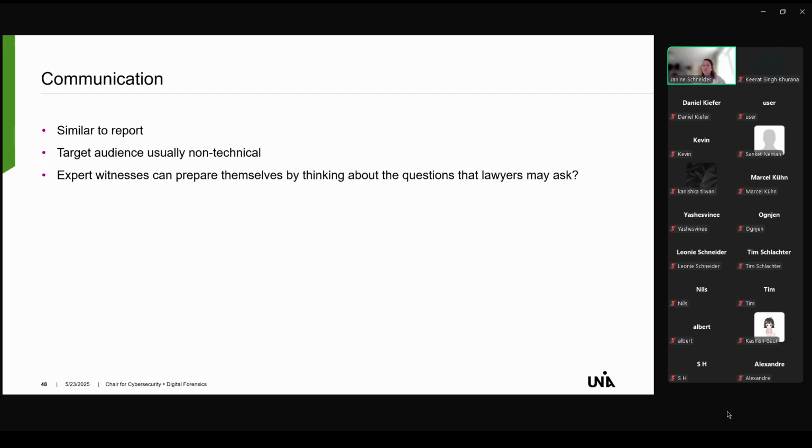Try to balance this non-technical communication and simplifying things with still talking like an expert and talking in a technical sense, because you don't want a party to say something like, oh, are you actually an expert, because you sound like a normal person.